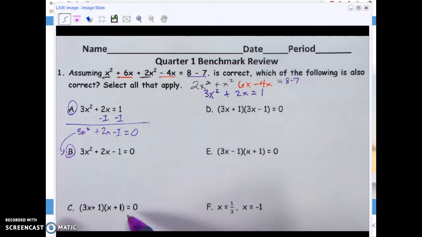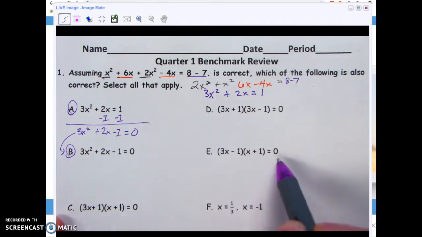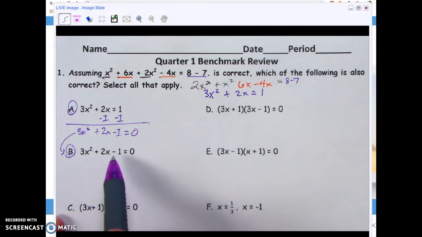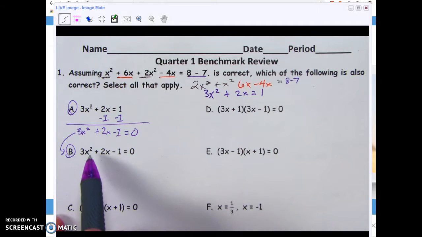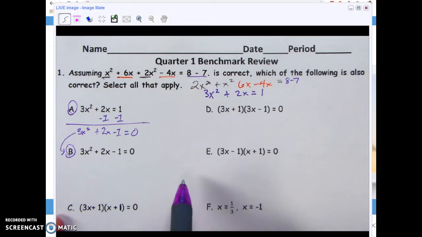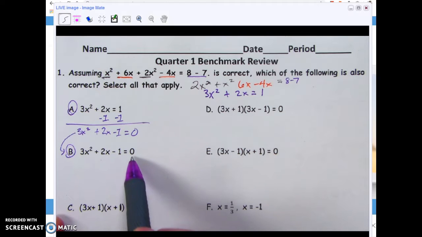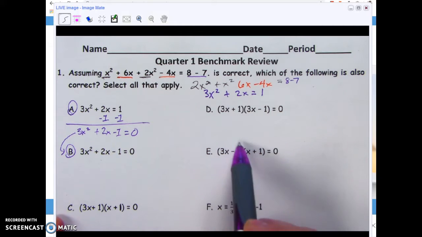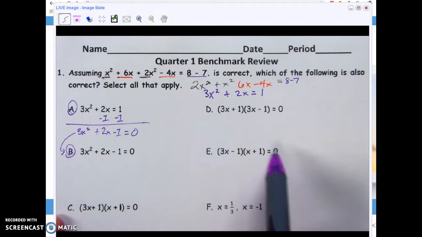Now I'm noticing that the next 3 choices are this factored. And I'm pointing to this one now because this is in standard form, so it's ready to be factored. Now I have a choice here. I can either factor this, and depending on how quick you are with factoring, that might work well, or I could multiply each one of these out. I'm going to choose to multiply them out.